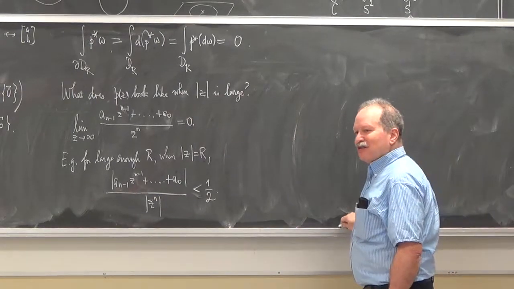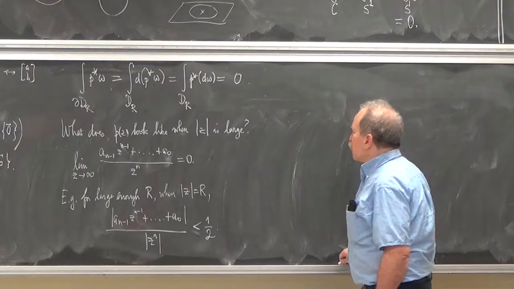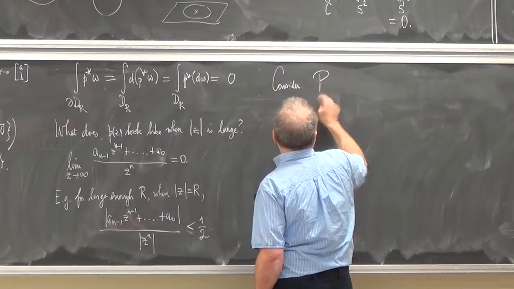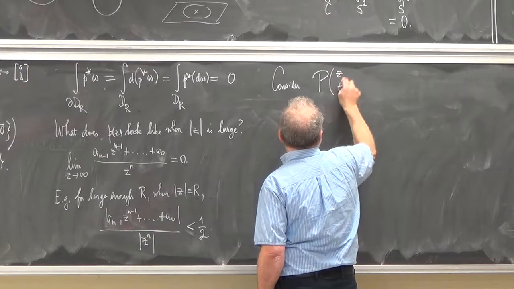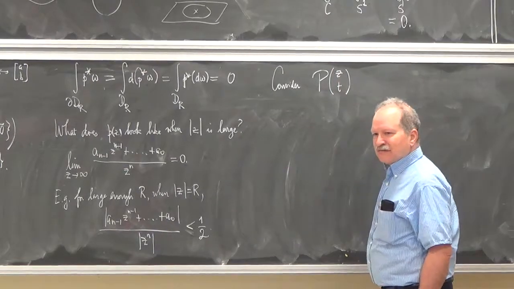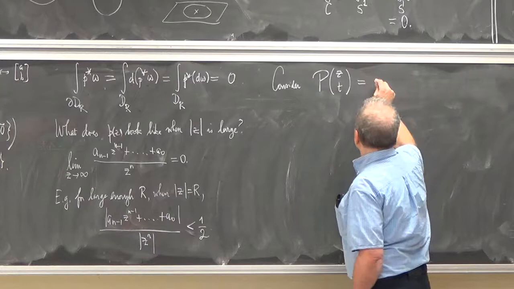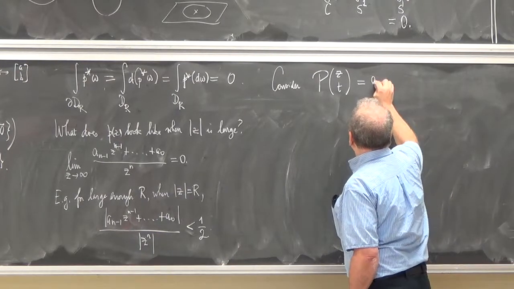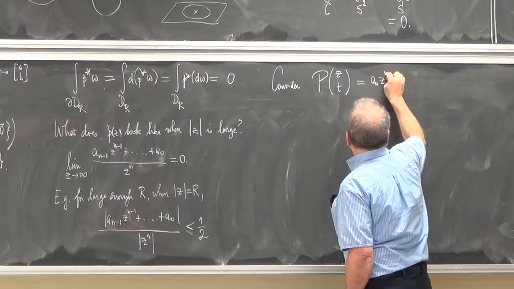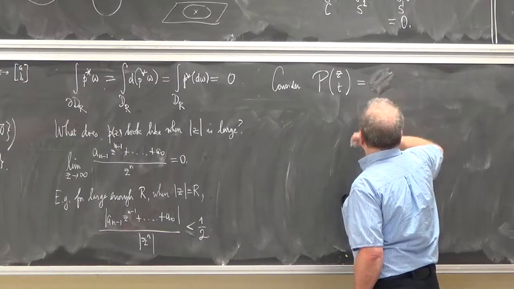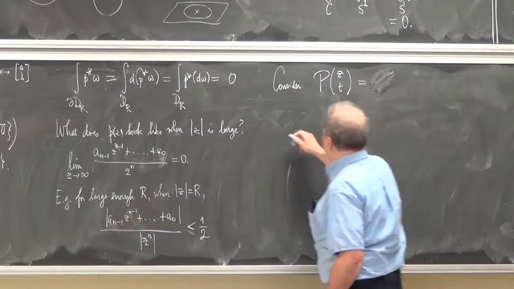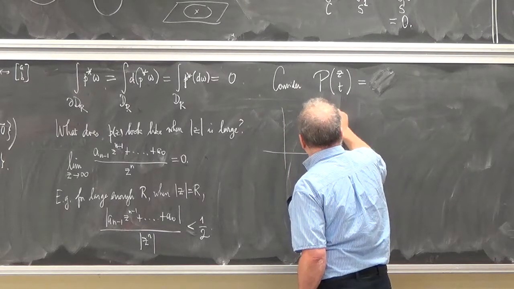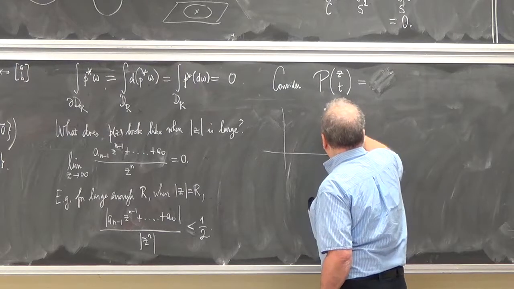So here's what I'm going to do, folks. I'm going to write down a homotopy between... so I'm going to take Z to the n, I guess I'll put the a_n there.